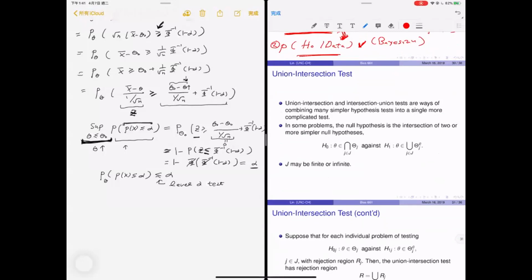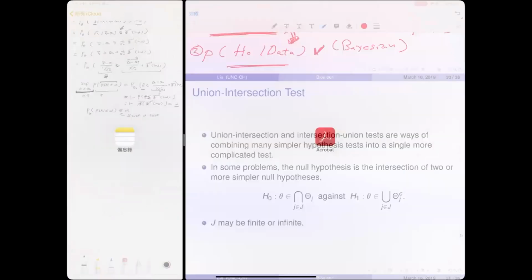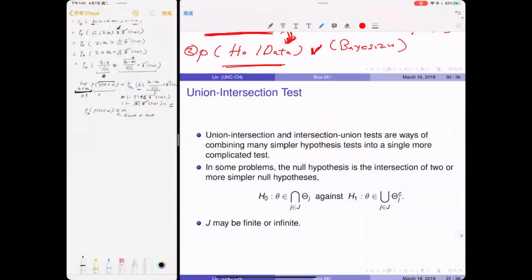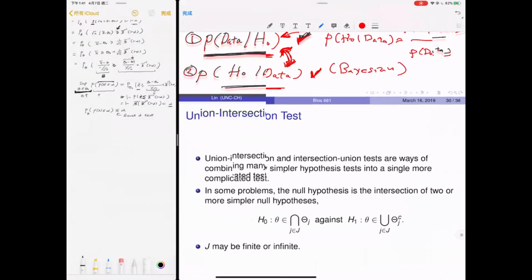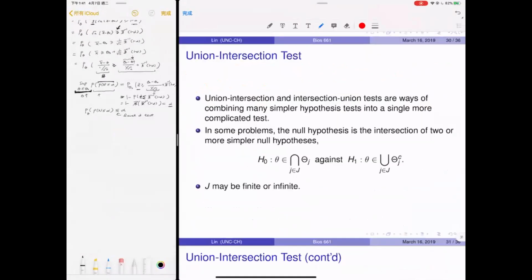If we get a chance to talk about Bayesian, then I'll keep talking about what Bayesian thinking about hypothesis testing is and what frequentist thinking about hypothesis testing is. We could have an even more in-depth discussion about the two ways of thinking.